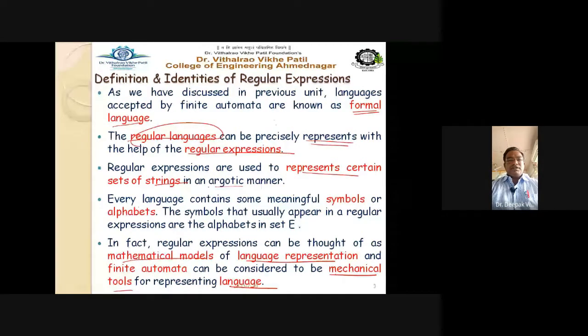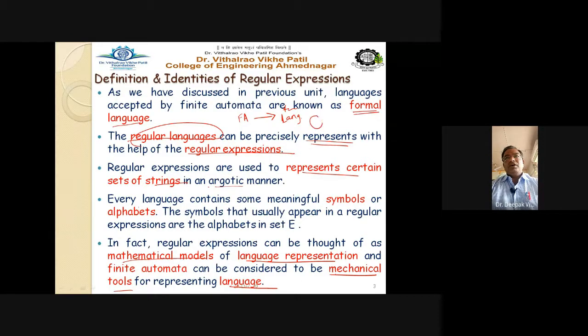Your finite automata describe the language, and that is called the formal language. So finite automata is the mechanical tool.